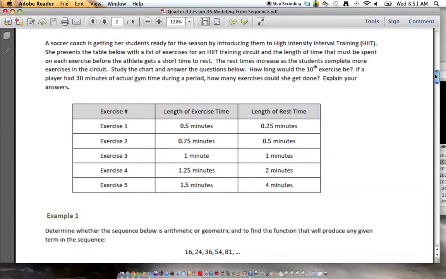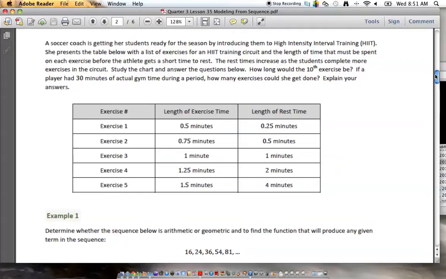A soccer coach is getting her students ready for the season by introducing them to high-intensity interval training. She presents the table below with a list of exercises and the length of time that must be spent on each exercise before the athlete gets a short time to rest. The rest times increase as the students complete more exercises in the circuit. Study the chart and answer the questions below.